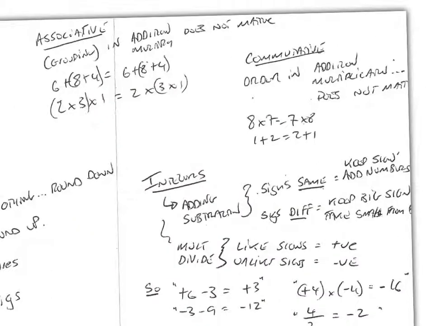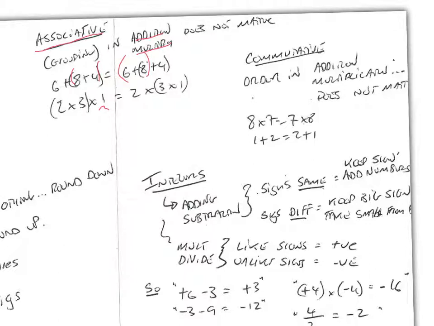And just to mention the term associative, what that means. Basically, all associative means is that grouping of numbers in brackets or not in brackets doesn't matter when we're adding or multiplying them. That's the associative property of addition and multiplication. So 6 plus (8 plus 4), which is 12, is the very same as (6 plus 8) plus 4.